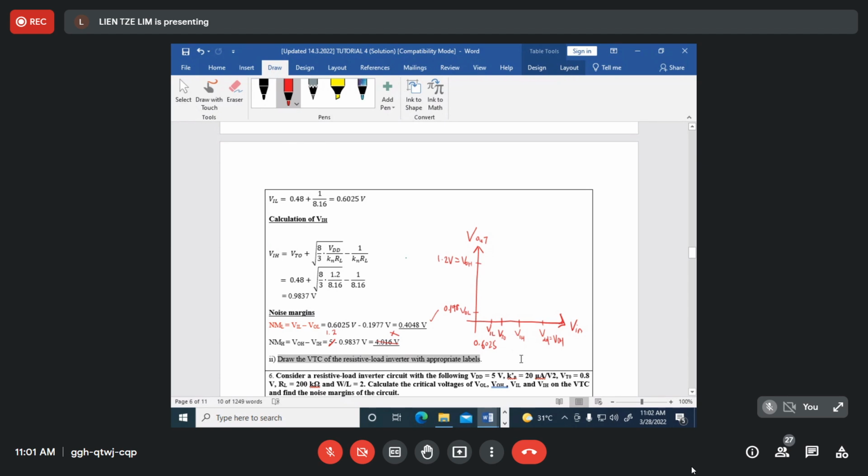0.48. So as calculated, the input low is higher than the threshold voltage, so we need to redraw like this. VTO.